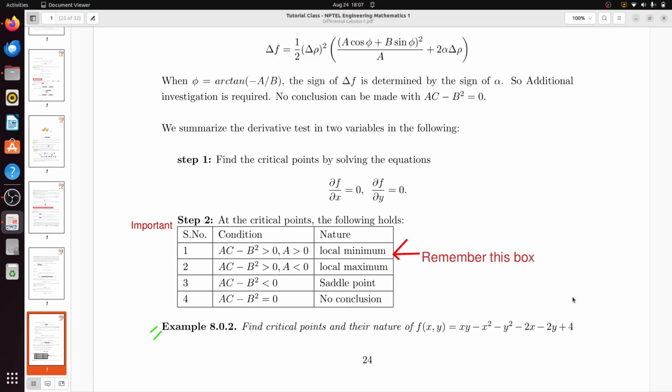A is the second order derivative with respect to x, B is the mixed derivative, and C is the second order derivative with respect to y. AC minus B square less than 0, so that means you are getting a saddle point.